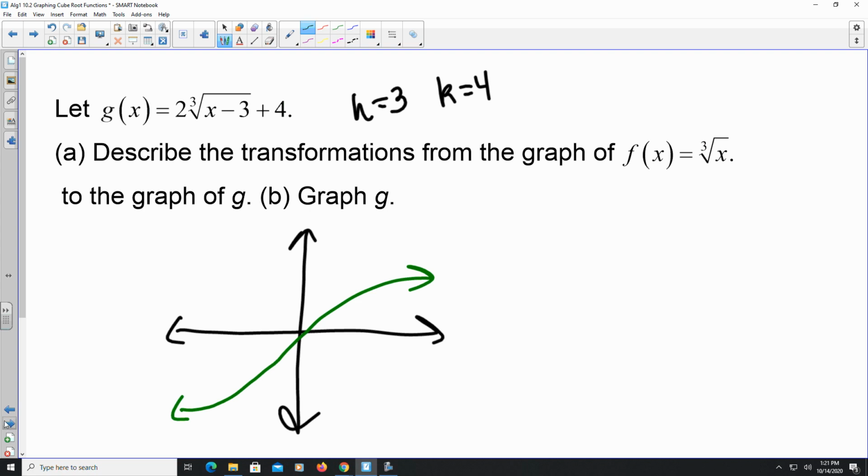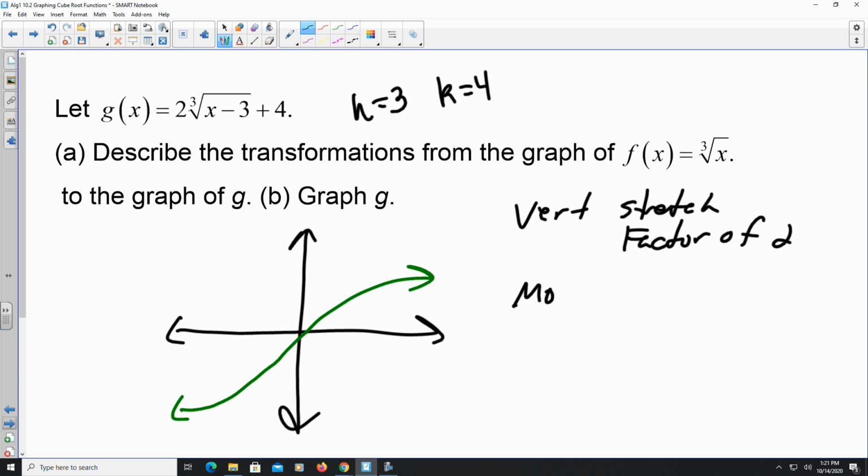This one has a vertical stretch by a factor of 2, and h being 3 and k being 4 means you're going to move your graph 3 units to the right and 4 units up.